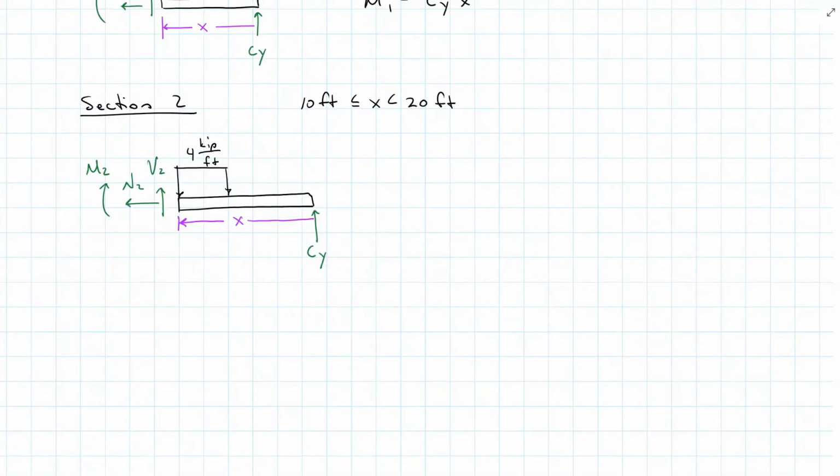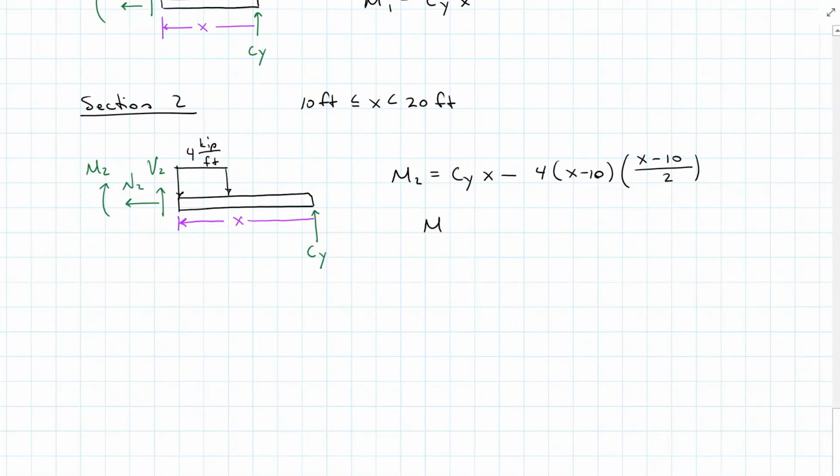For section 2, that represents 10 to 20 feet, my moment 2 is going to equal CYX minus 4 times x minus 10 times x minus 10 divided by 2.